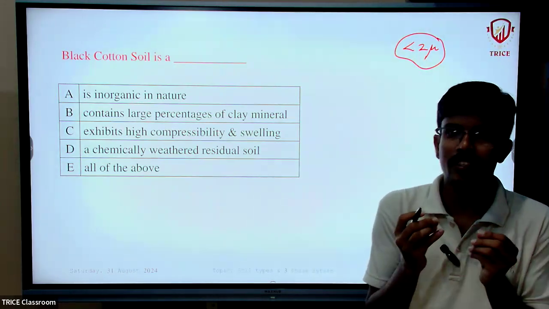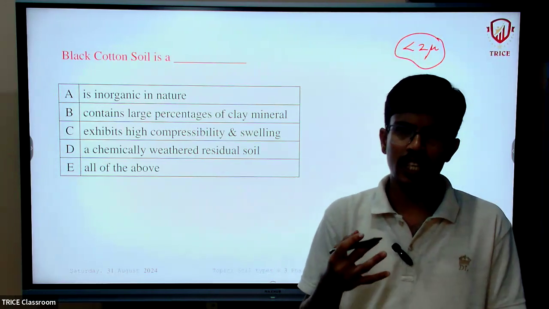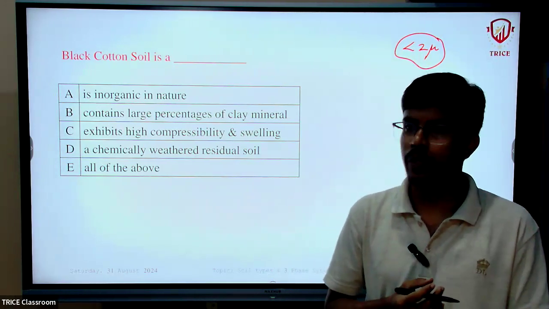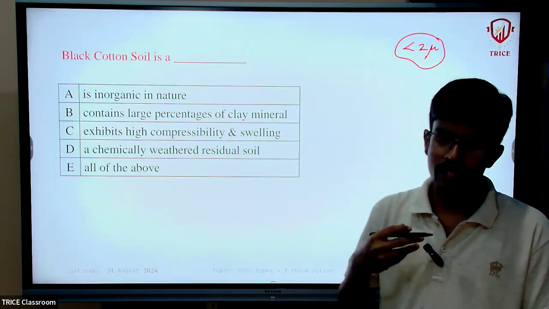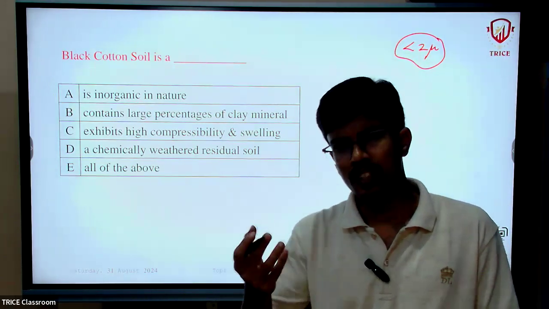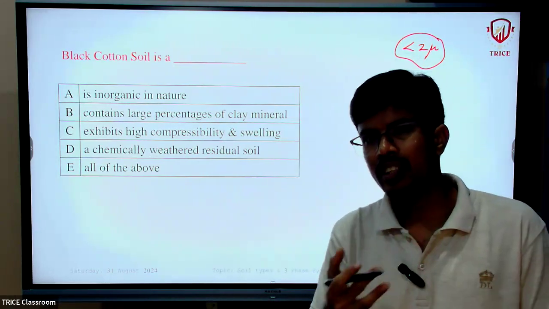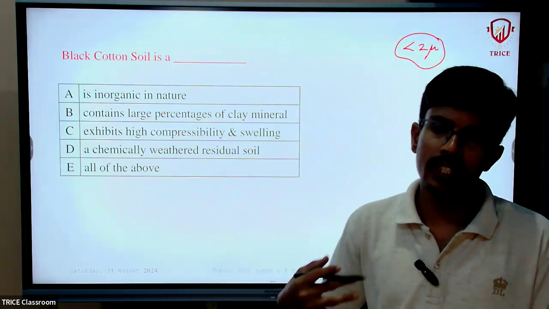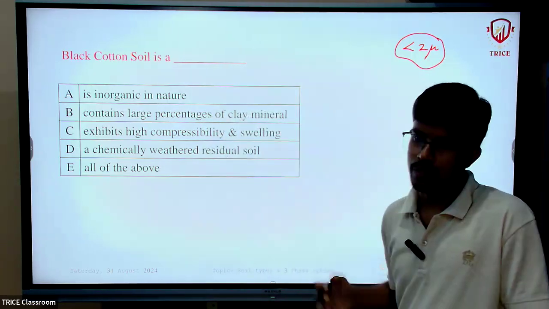It also exhibits high compressibility and high shrinkage, as in black cotton soil. It is a chemically weathered residual soil. As we know, the formation of black cotton soil from igneous rocks like basalt is by the action of the leaching process. It is completely chemical interaction, so we can say it comes under all the options.